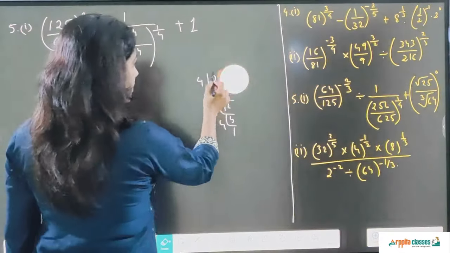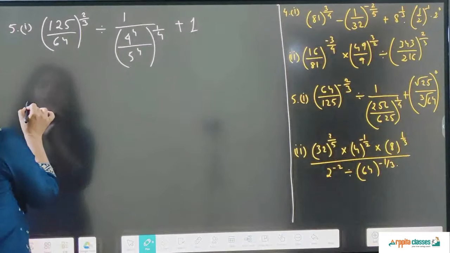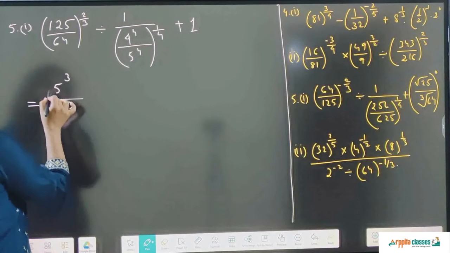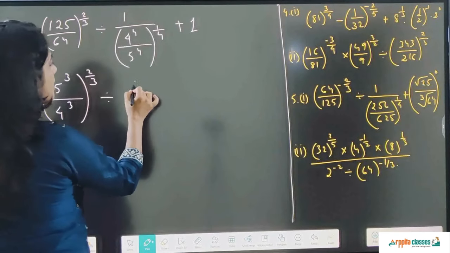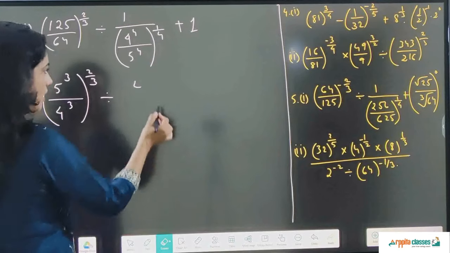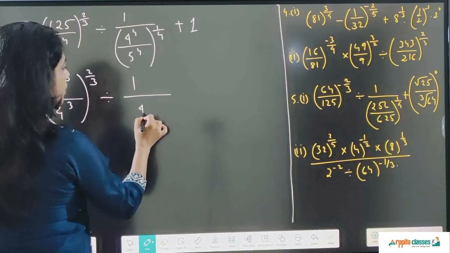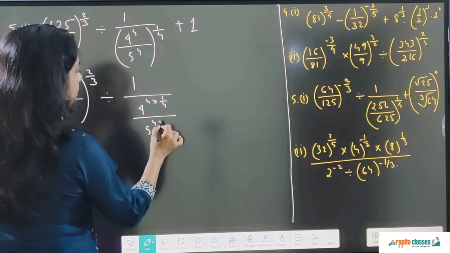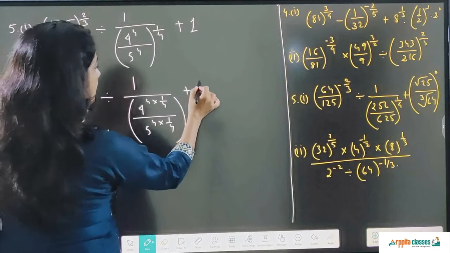Okay. So now here 125 can be written as 5 cube. 64 can be written as 4 cube. This whole thing to the power 2 by 3 divided by, this is 1 upon, I do the calculation as 1 upon only 4 to the power 4 into 1 by 4 and divided by 5 to the power 4 into 1 by 4, this thing plus 1.